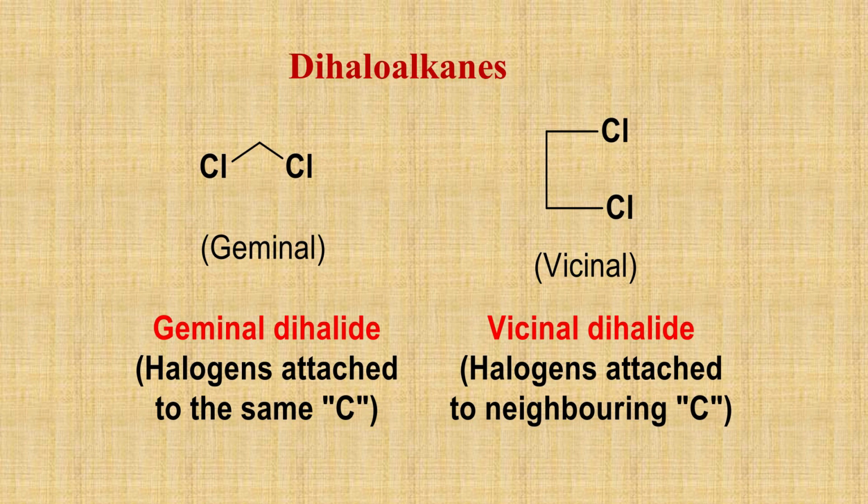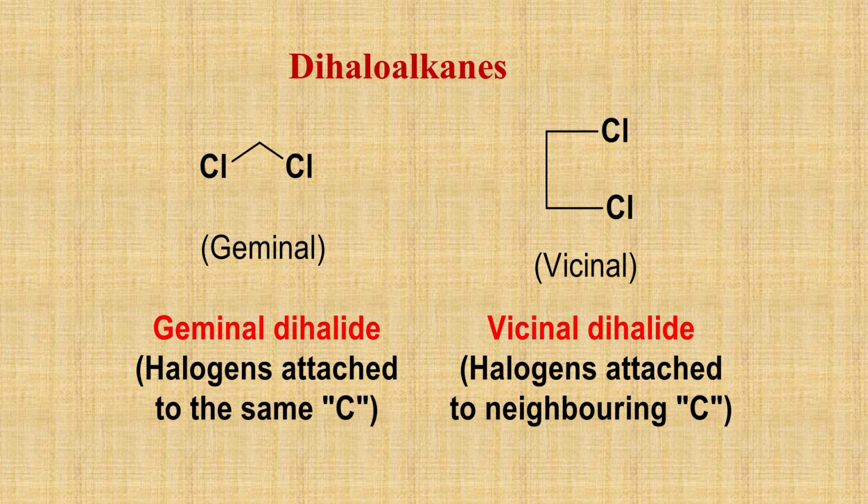Similarly, if 2 halogens are attached to 2 carbons that are adjacent, meaning neighboring carbons, one halogen to each carbon, we call it vicinal. Vicinal means from vicinity, adjacent, neighboring carbons. Geminal means from gemini, from the same carbon.